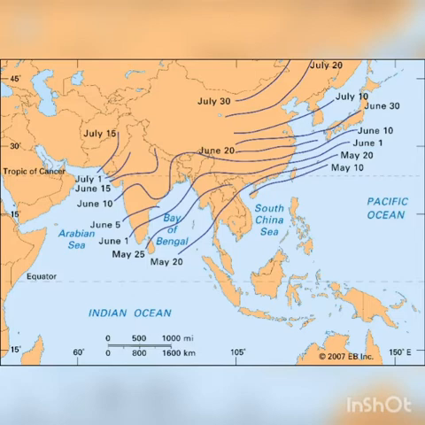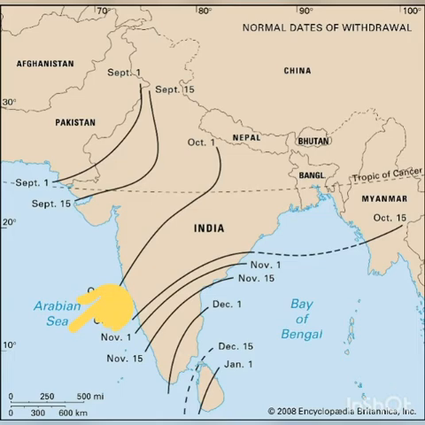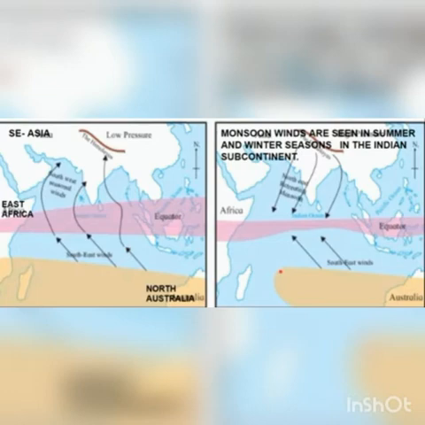Now let us see what happens during the summers. During the summers, monsoons blow from the sea to the land, whereas in the winter they blow from the land to the sea. Now children, observe this diagram. Here you can see at the top on the left side Asia.